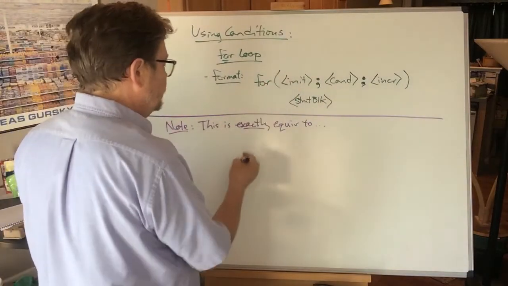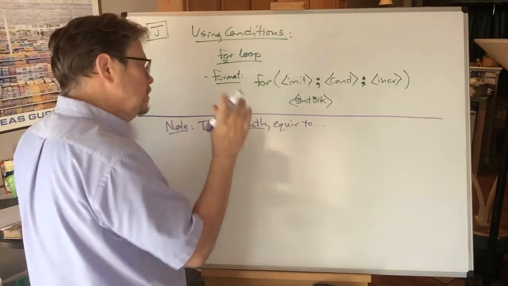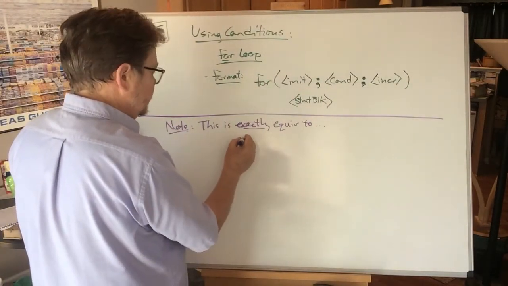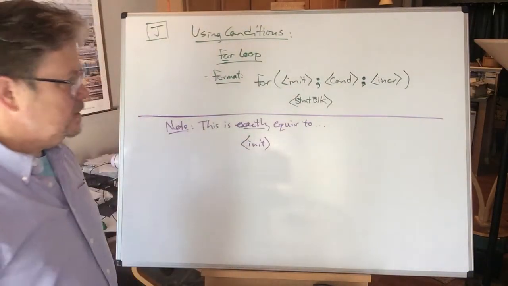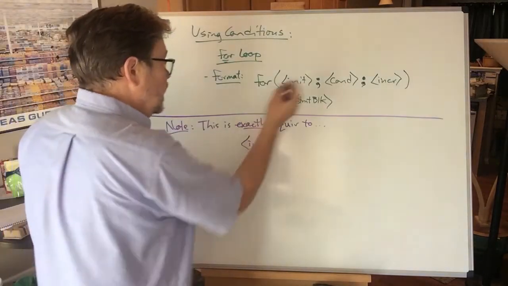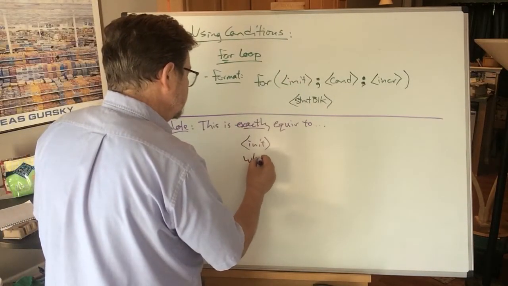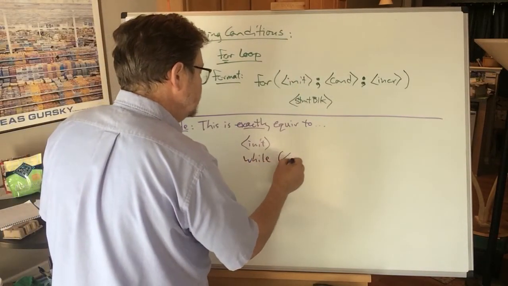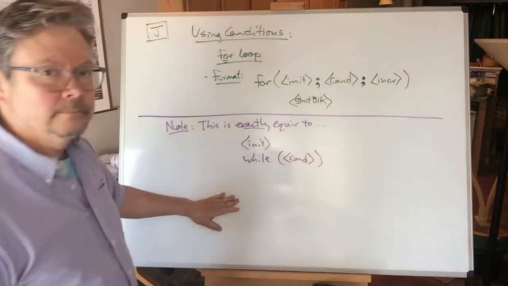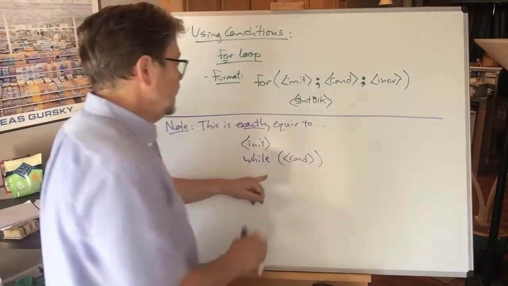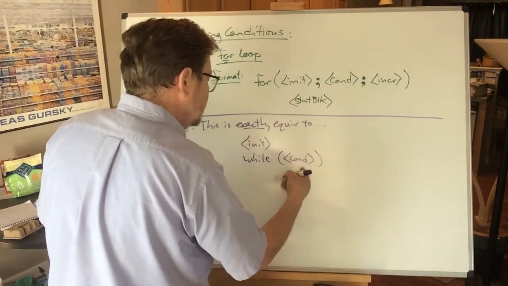I'm going to make up a new format. Everything is so abstract. Don't worry, we'll have concrete examples in the next video. Init. It executes the init statement. Then I'm going to use while instead of for. While parentheses condition, it's going to execute the statement block if that condition is true.